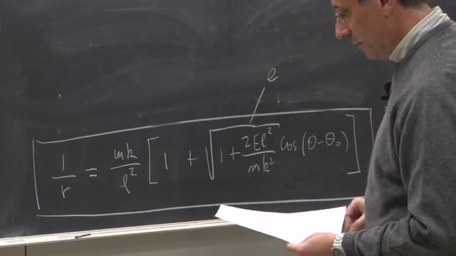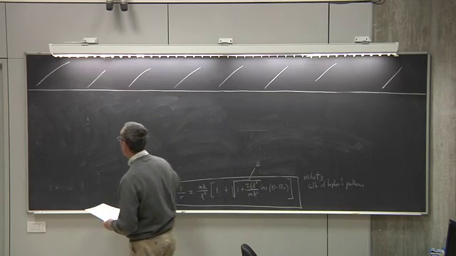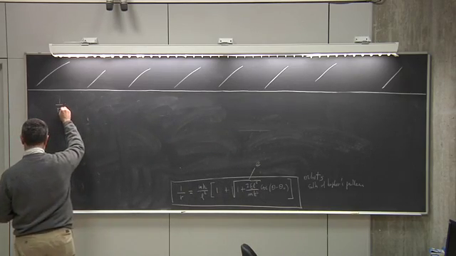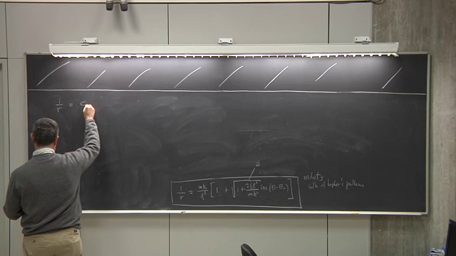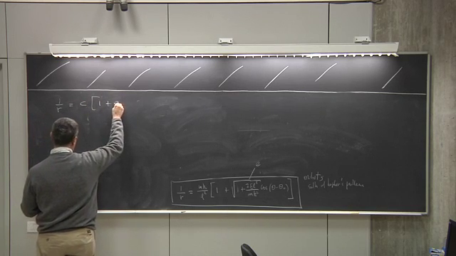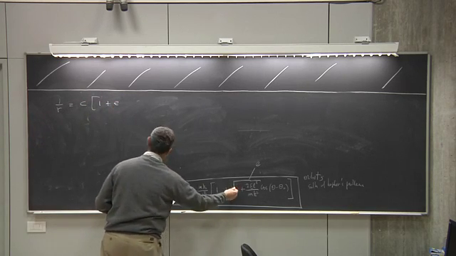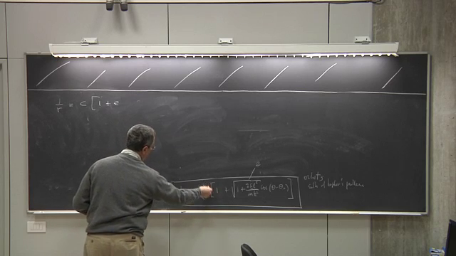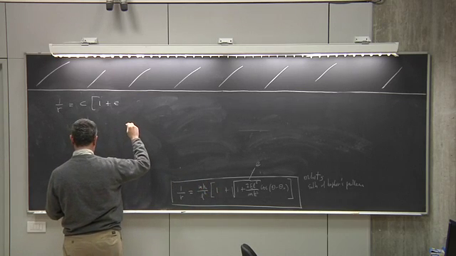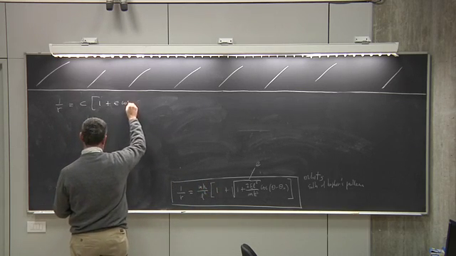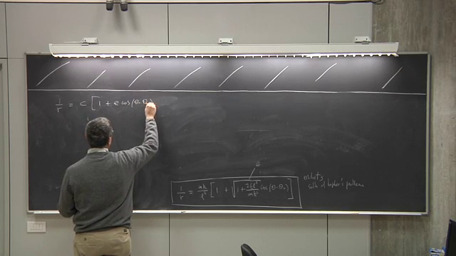Anyway, let's call it e. So you see, we have a general equation that is 1 over r equals c times 1 plus e, where e I define this. The c is going to be this coefficient, but that's not really essential, cosine of theta naught.